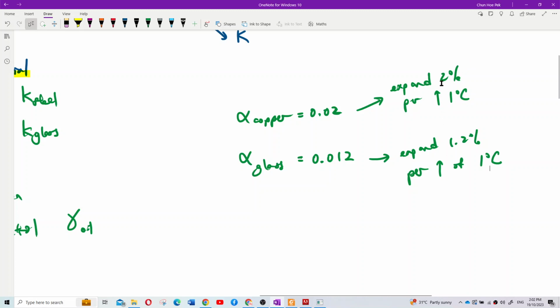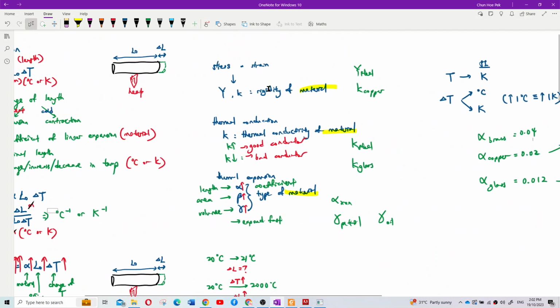Some expand faster, like copper, and glass expands slower. Maybe for another material like brass it is 0.04, meaning it expands 4% for each degree Celsius. So brass expands much faster. So alpha is for the material.